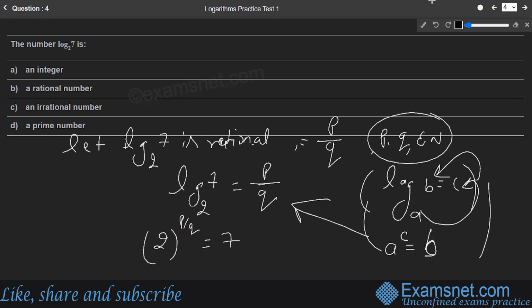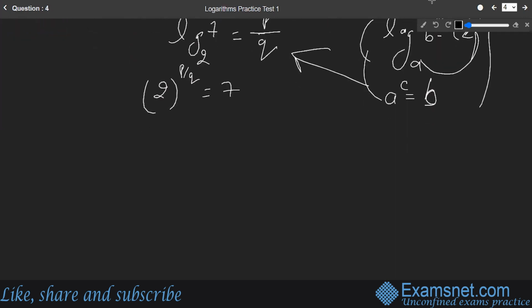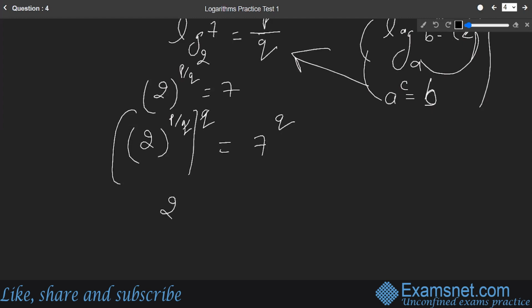Now if we raise the power q on both the left hand side and right hand side, the q and q get cut, and on the left hand side you remain with 2 to the power p is equal to 7 to the power q on the right hand side.